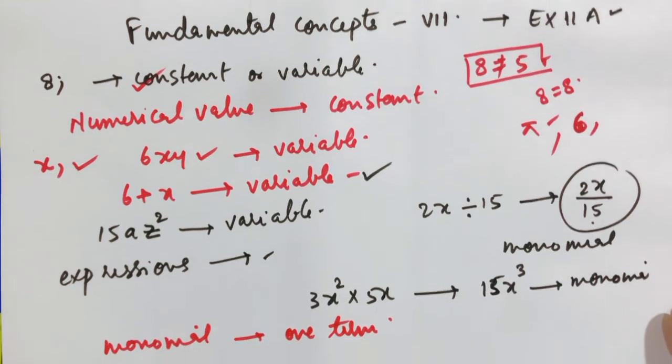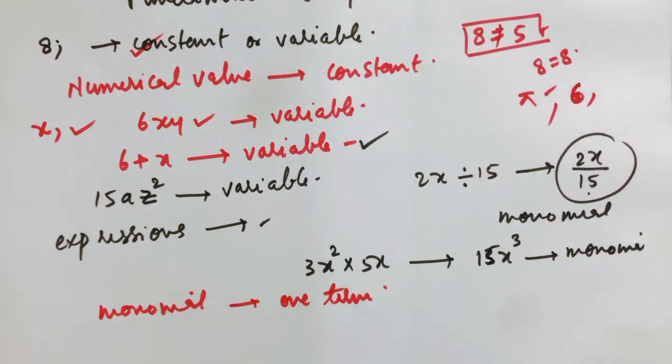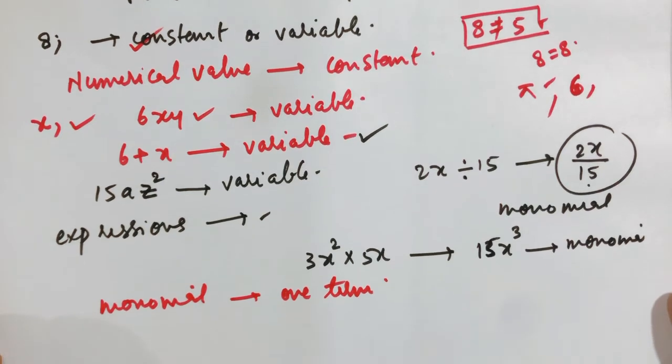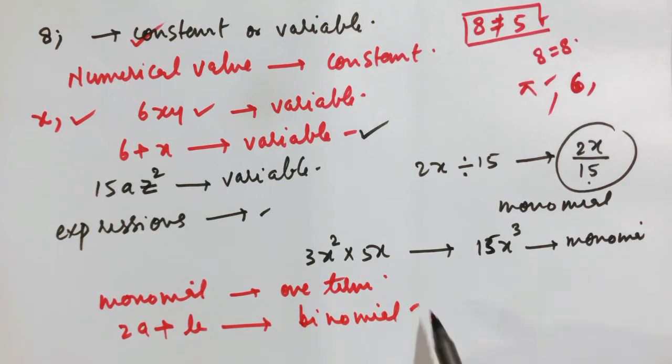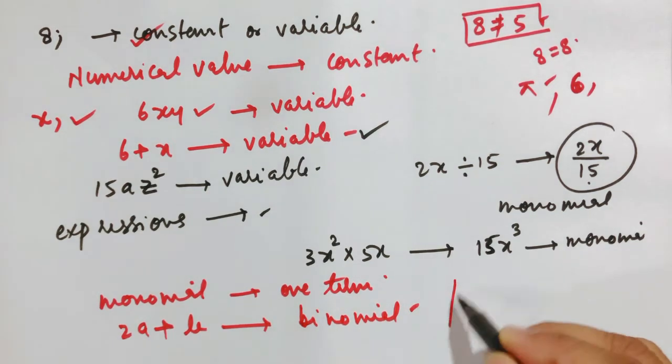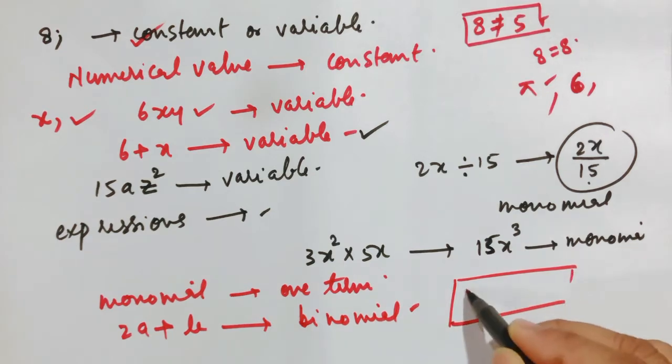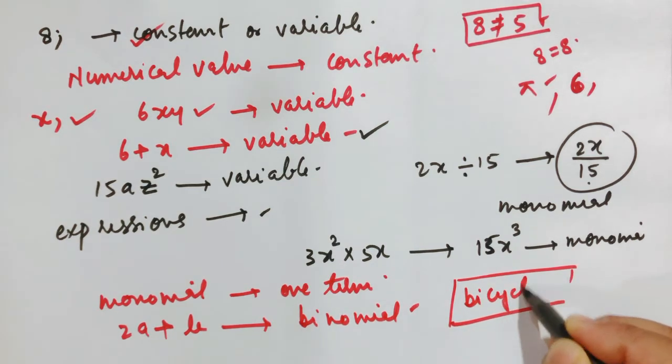Now moving on to terms like 2a plus b. What can you say about this? So it is a binomial. Bi means two. Have you heard about a bicycle? A bicycle naturally has two wheels.